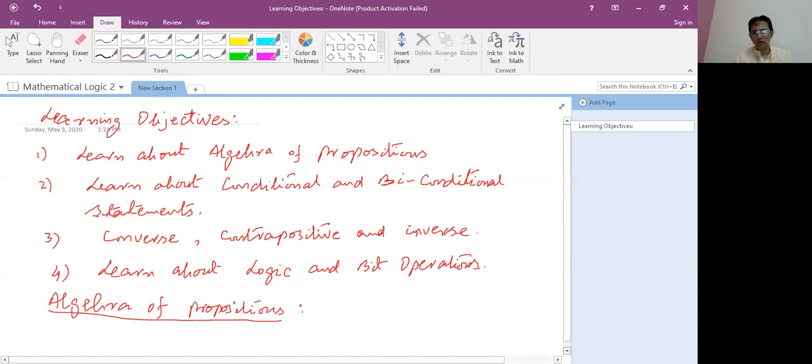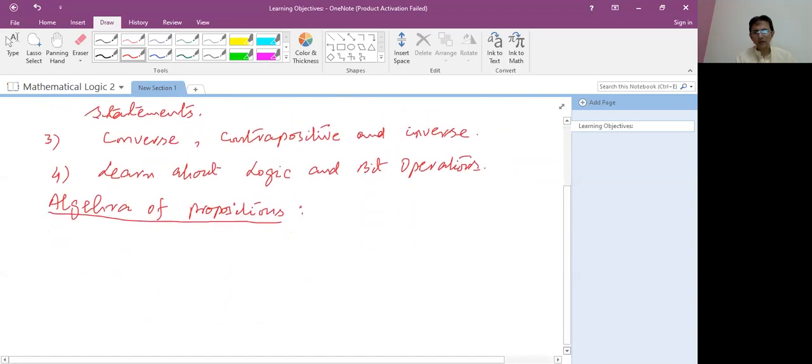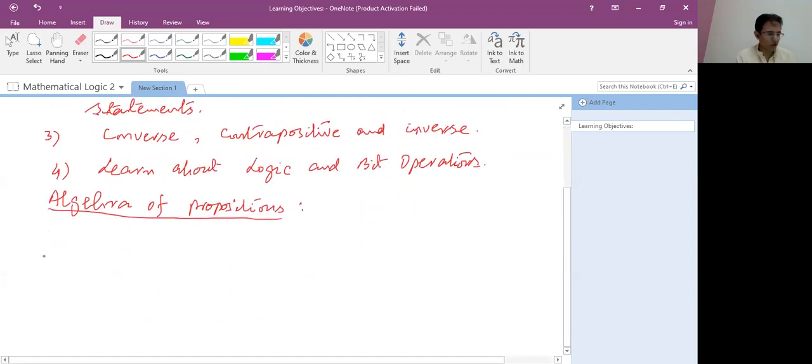You know very well, student, there are some laws we will discuss here. Idempotent law of proposition. What is idempotent law? The first law, idempotent law in terms of proposition.